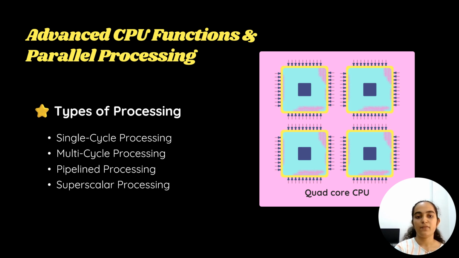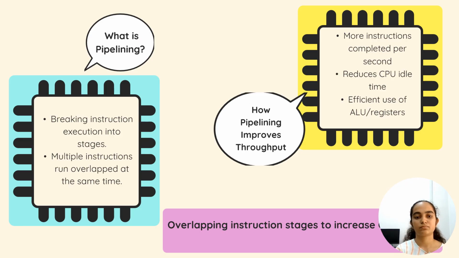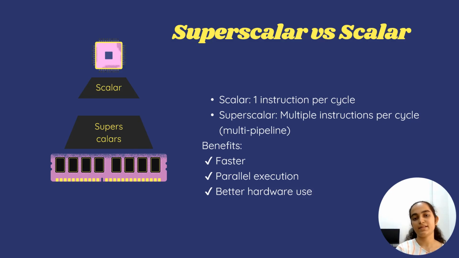This takes pipelining further by adding multiple pipelines, allowing the CPU to execute several instructions at the same time. These techniques dramatically improve how many instructions a CPU can complete per second. Now you can see how pipelining improves throughput.